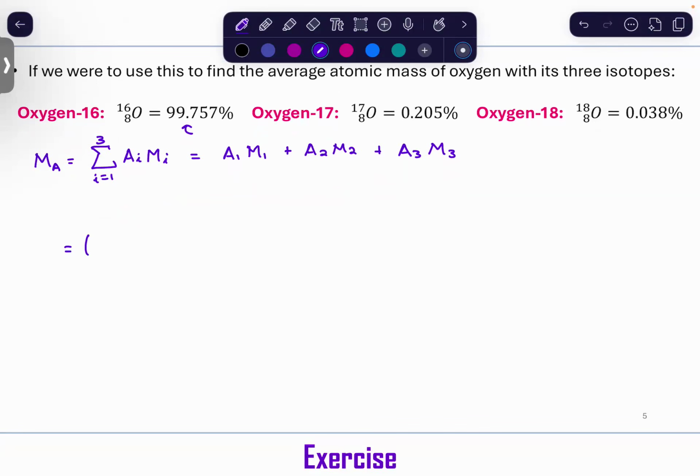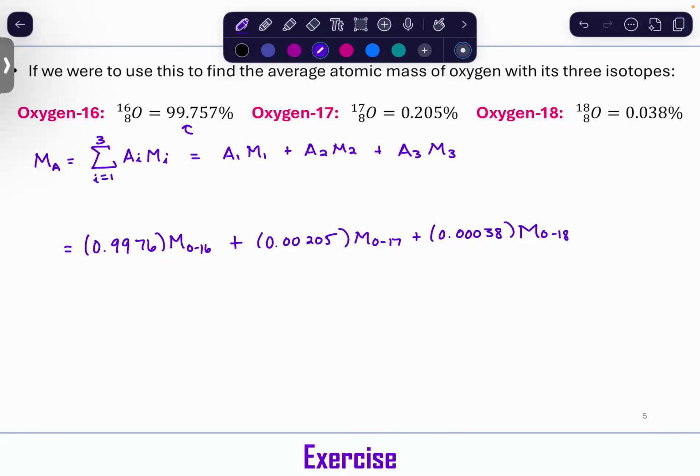for oxygen, your first percentage would be 0.9976 to represent the 99.7% times the mass of oxygen 16 plus 0.205 divided by 100, which is 0.00205, times the mass of oxygen 17 plus, your last one, 0.038 divided by 100, 0.00038, times the mass of oxygen 18.